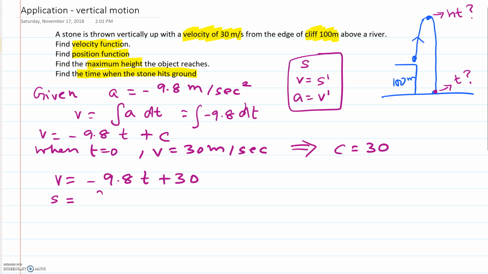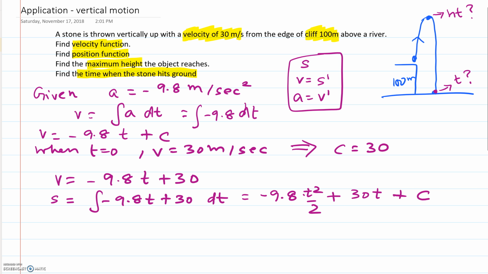S equals the integral of negative 9.8 t plus 30, integrating with respect to t. So this will give, pulling the 9.8 constant outside, the integral of t, which is t squared over 2, plus integrating 30 will give 30t. Of course, there is a c. We're going to evaluate c using the initial height.